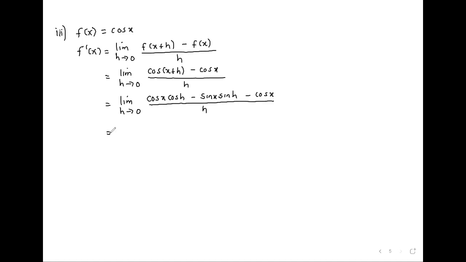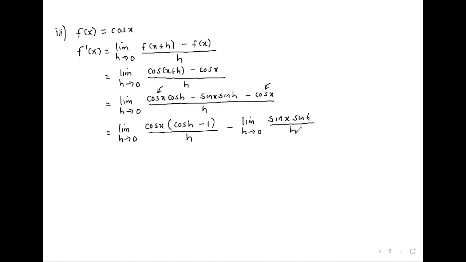Because we have cos x here and cos x here, we can factorize cos x from these two and remain with cos h minus 1 divided by h, and we split the other one as sin x sin h over h.